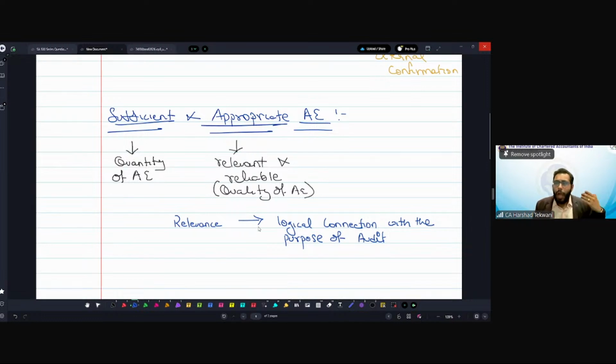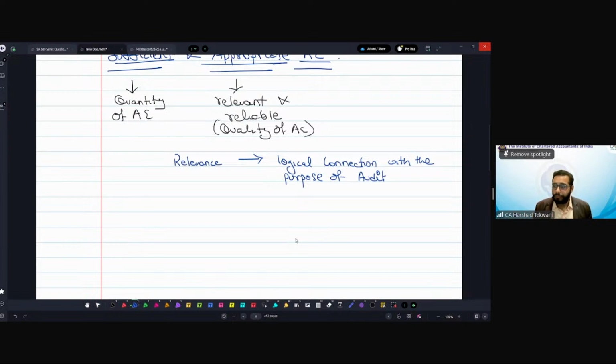That depends upon how much comfort, how much audit evidence you are getting from that particular testing. Clear? Any doubt? No? No doubts?